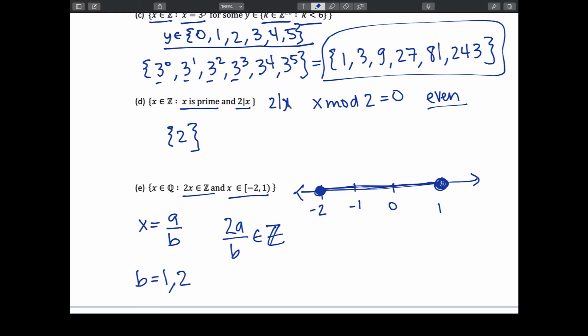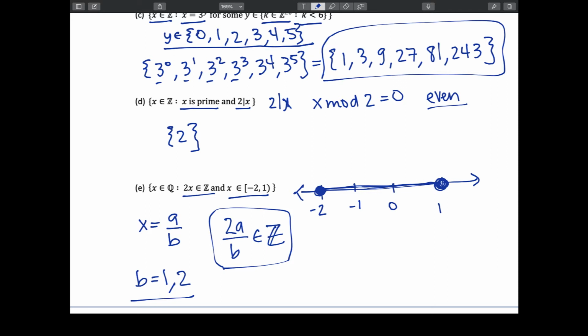Otherwise, you can check for yourself that you can't have an integer in this state. So if b is equal to 3, assuming that a over b started off as a reduced fraction, we can only have the denominator of this fraction as 1 or 2 for this to hold.